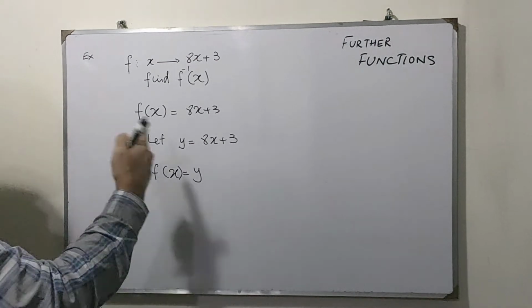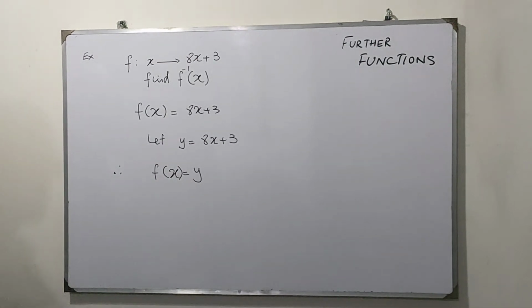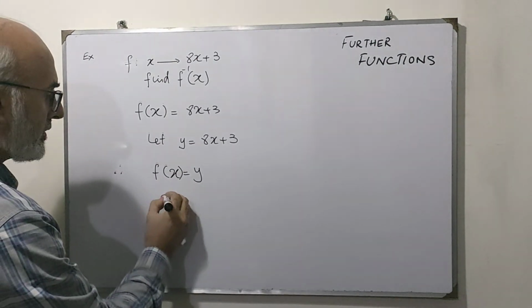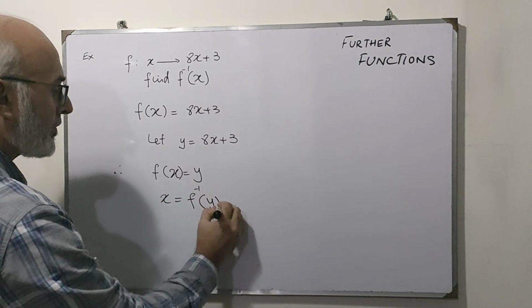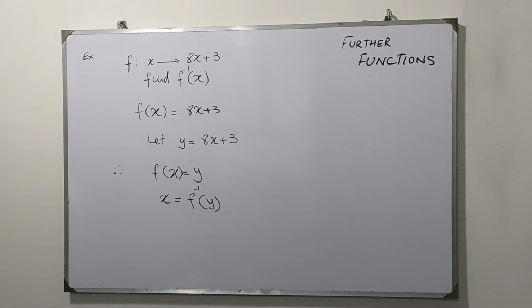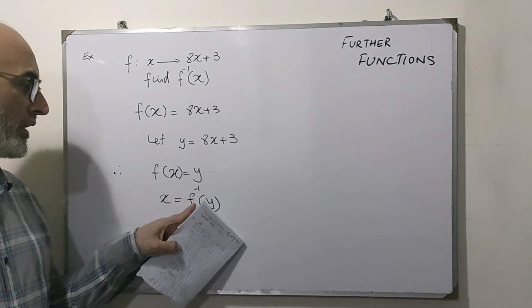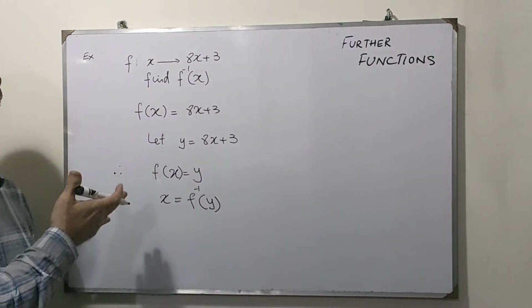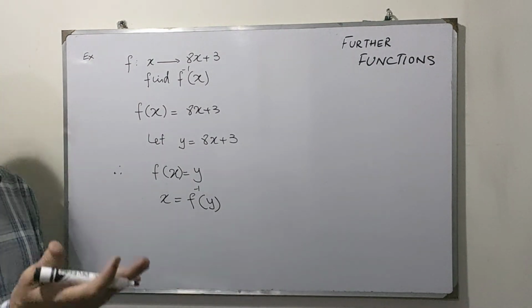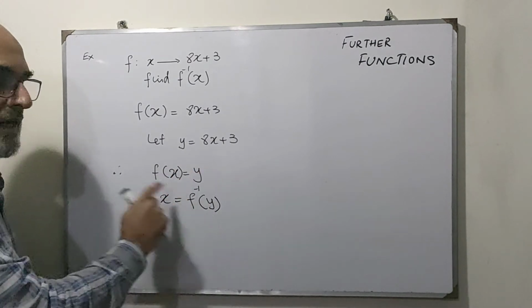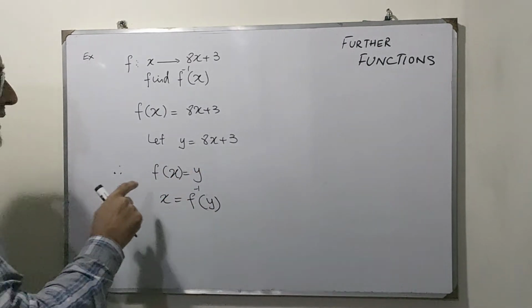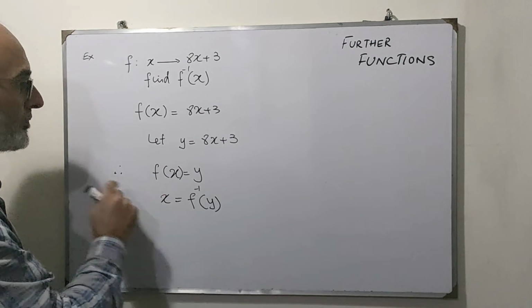Now it's the time to get the inverse. So x is equal to f inverse y. Okay. As we were doing initially, the arrows are reversed, so this is f inverse y. Now what do I need? I need this x.